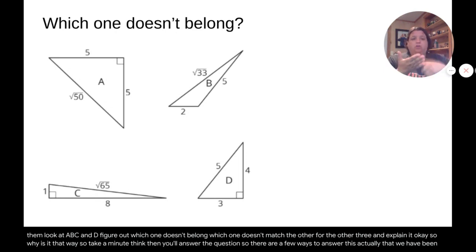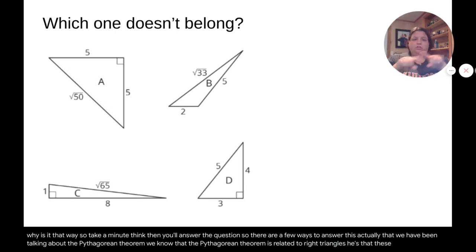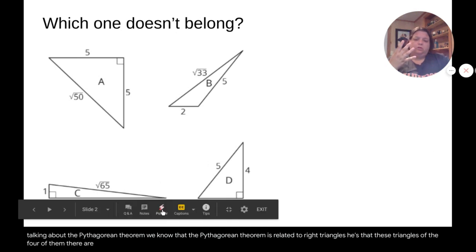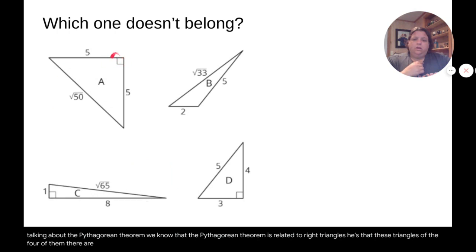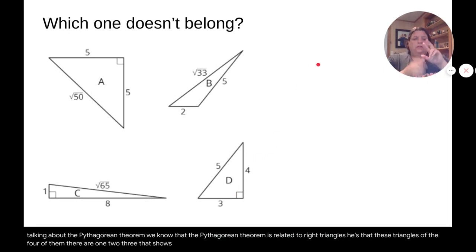Knowing that we have been talking about the Pythagorean theorem, we know that the Pythagorean theorem is related to right triangles, and we see that these triangles, of the 4 of them, there's 1, 2, 3 that show that it's a right triangle.